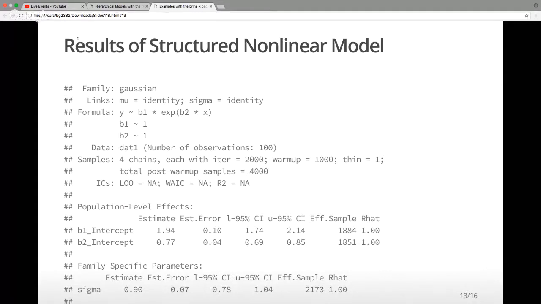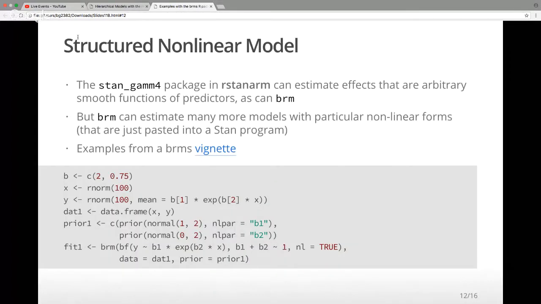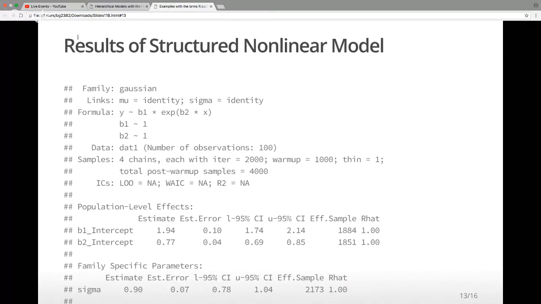Here you have two margins of this posterior distribution, and we're recovering the true values reasonably well. True values were 2 and 0.75, and we get a posterior mean of 1.94 and 0.77. That is obviously well within estimation error of the true values that generated this.